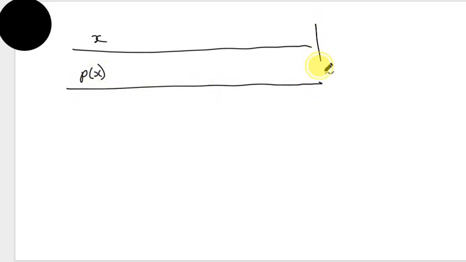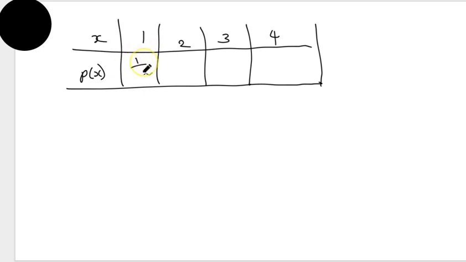So I have got my x now, and I have also got the p of x now. My x takes values 1, 2, 3 and 4, so my p of x will be 1 by 10, 2 by 10, 3 by 10 and 4 by 10. If you want to check if you are correct, here if you sum, your total will be 1.